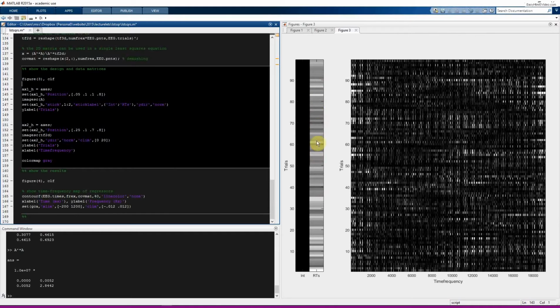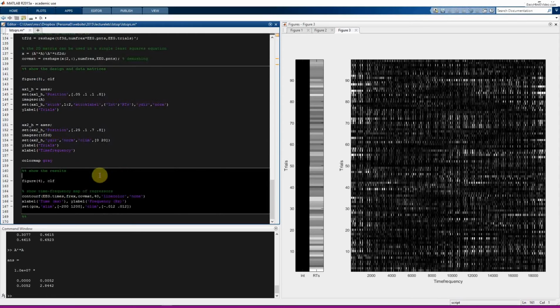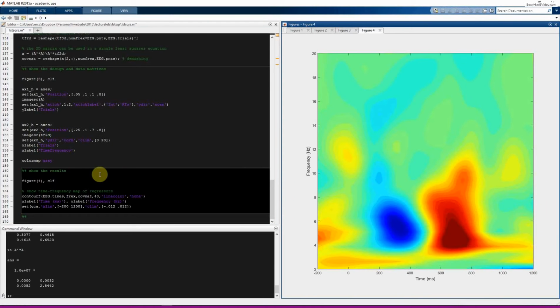This is the thing that we want to look at. And then the second dimension is this time frequency expanded series. So here we just reshape this back to frequencies by time points. This just facilitates the plotting.